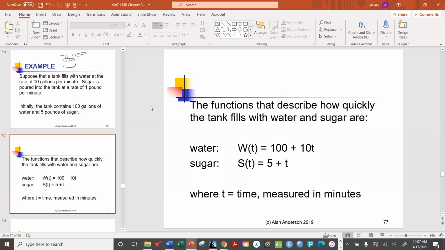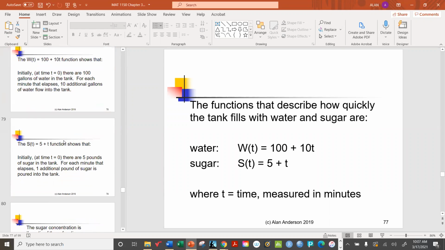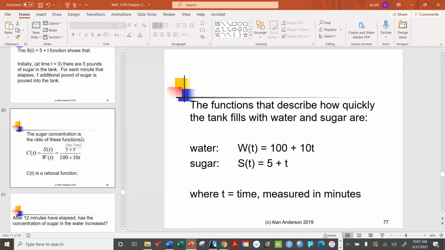Now, what are we trying to figure out here? The concentration, that's what we're aiming for. In other words, the concentration represents the ratio of sugar to water.